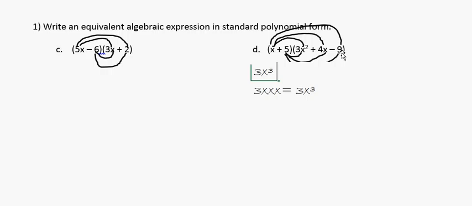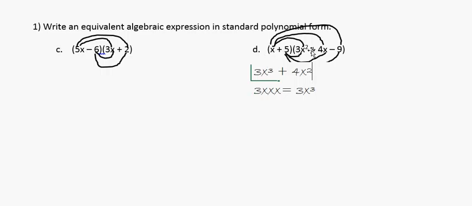X times my 4x, so I'll have 4 times x times another x, that's 4x squared. At this point, some of you might have realized that now that we're multiplying polynomials, the exponents are actually going to change.